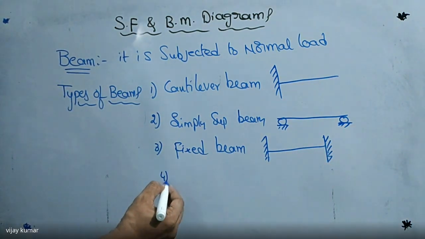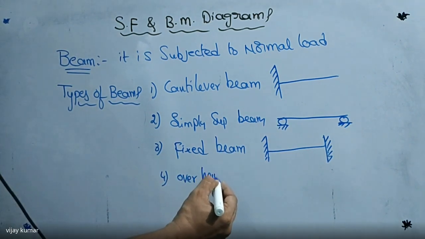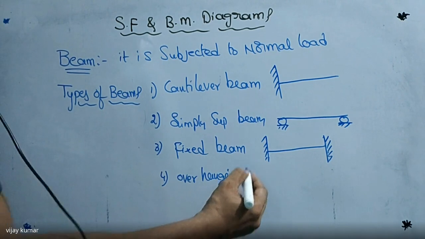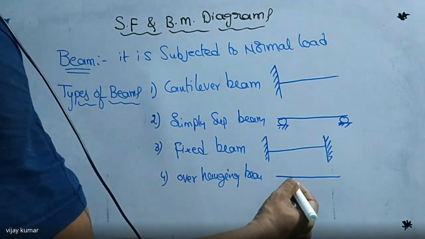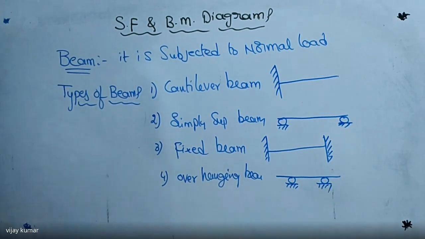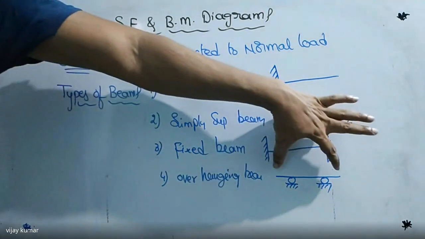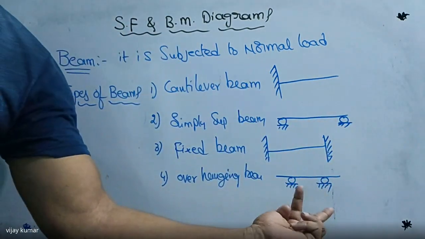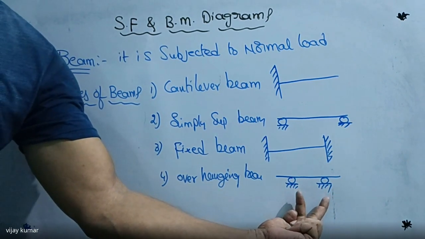And the fourth one is the overhanging beam. This is a beam having a length more than the distance between the two supports. The length of the beam is always more than the distance between the two supports, and then the beam is named an overhanging beam.